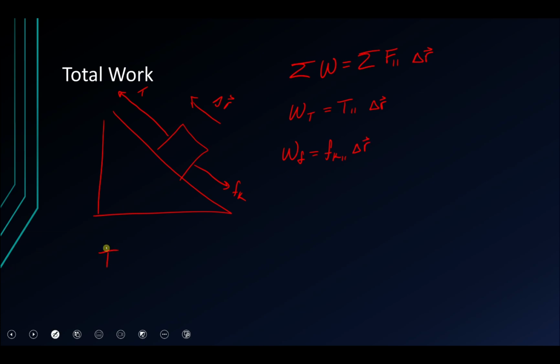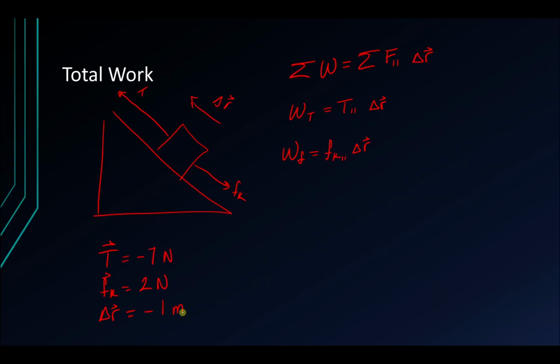So let's say the vector for my tension force is -7 newtons, negative because it is pointing in the negative direction. The vector for the kinetic friction is 2 newtons, positive because it's in the positive direction. And my displacement is going to be negative, for simplicity, 1 meter. And it's negative because it's pointing in the negative x direction.